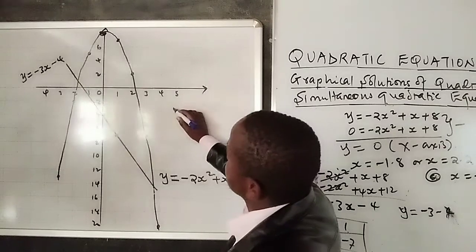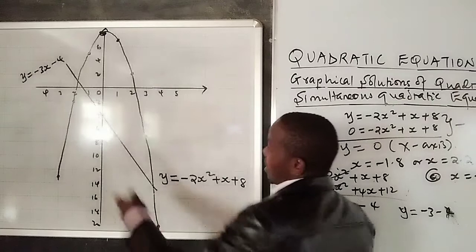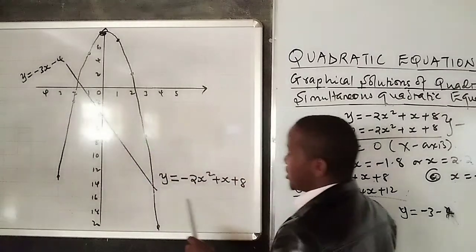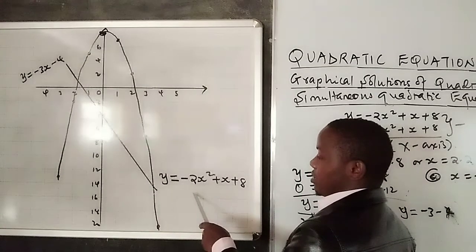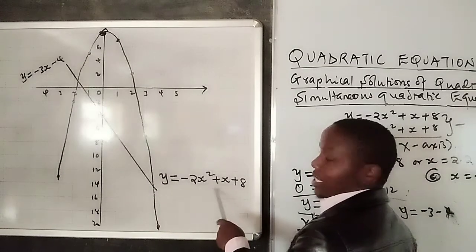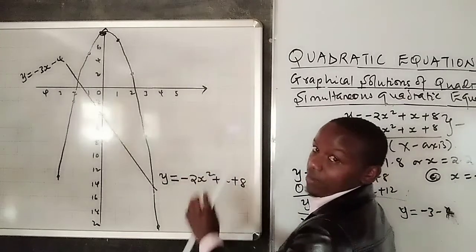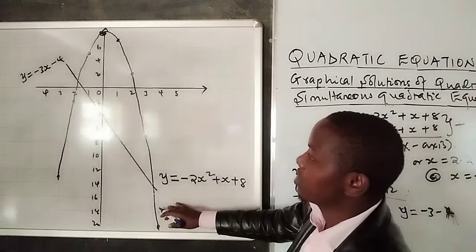For example, if we were solving y equal to negative 3x minus 4 and y equal to negative 2x squared plus x plus 8 simultaneously, we could have plotted them that way. Then we read the coordinates of the points of intersection.